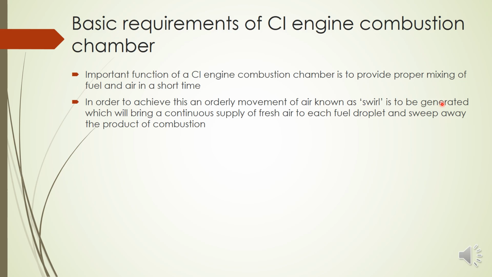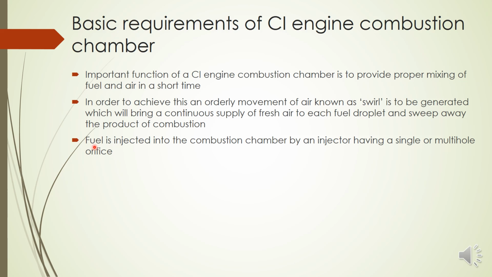So we want a continuous supply or orderly movement of air, which will supply fresh air to each fuel droplet, and also help to sweep away the products of combustion. So this is our major objective in designing a CI engine combustion chamber.